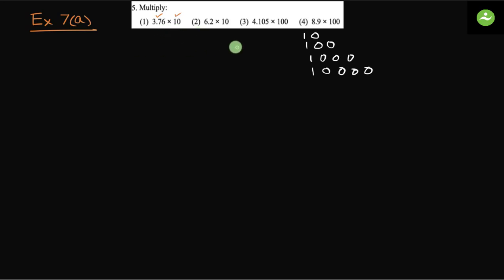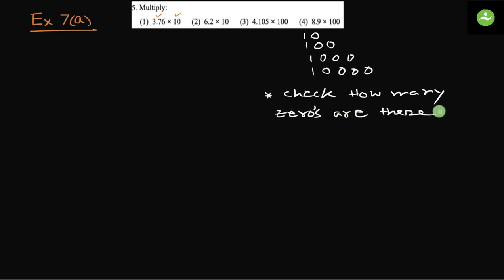How? I'll show you. The first thing, check how many zeros are there after 1. For example, here 10, there is 1 zero. In 100, there are 2 zeros, in 1000 there are 3 zeros.